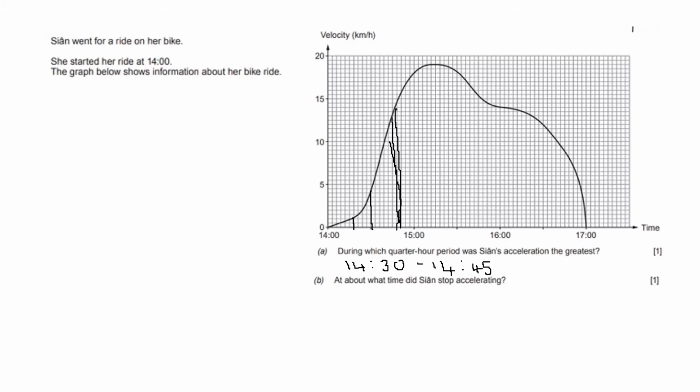And at about what time did Sian stop accelerating? So we want the point at which the graph goes flat, which is around here. So we're going to say around about 1515.